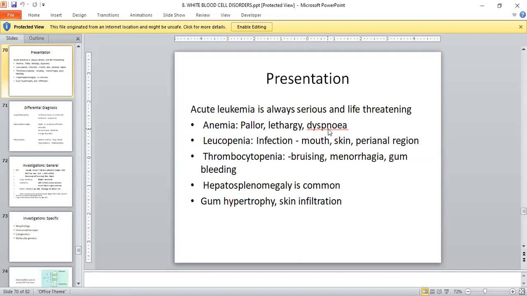Leukopenia will lead to infections in the mouth, skin, and perianal region. Thrombocytopenia means the patient will bruise easily because they leak blood easily because of the platelets, with menorrhagia and also gum bleeding.